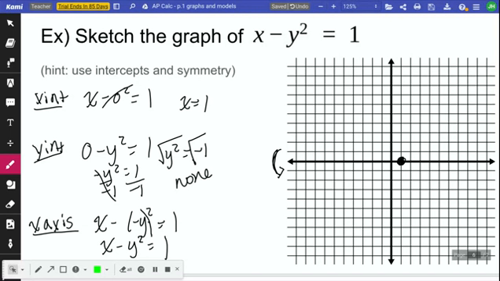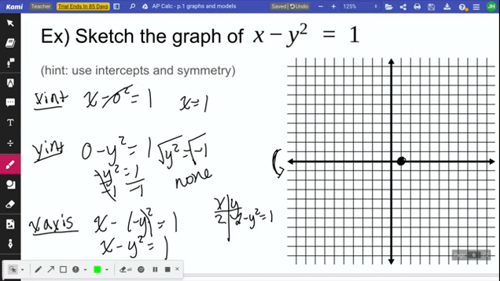Again, there's nothing to reflect though. We only have that intercept. So we need another point. So let's just pick an easy point. Say x equals, let's do x equals 2, since we already have x equals 1. And if I plug in 2, I would get 2 minus y squared equals 1, and I would need to solve for y to get that y value.